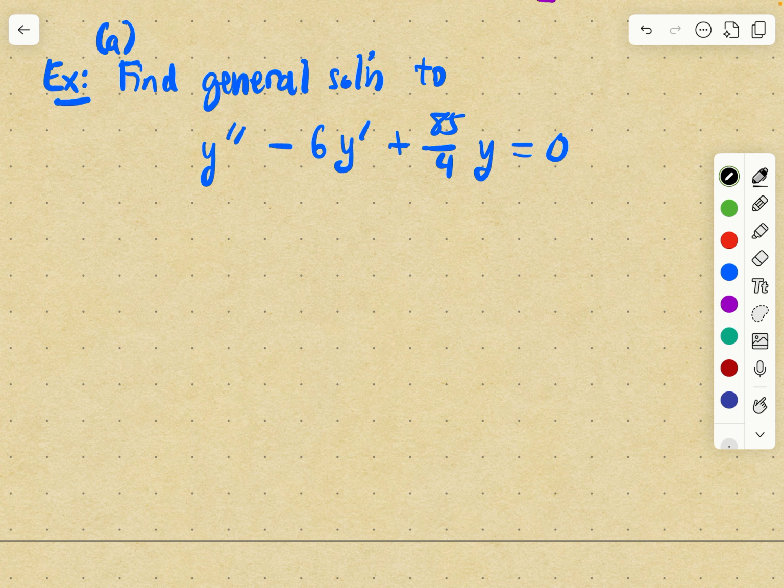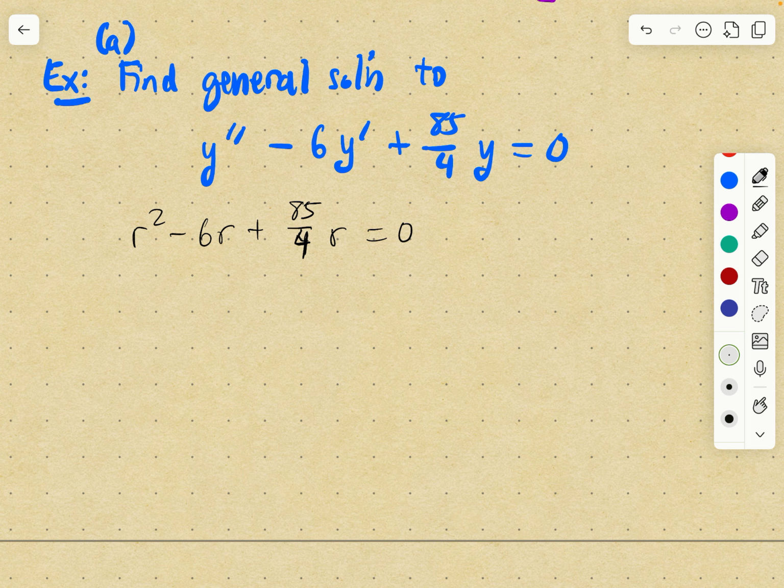Okay, let's go over the answer. So we set up the equation r squared minus 6r plus 85 over 4 equals 0.